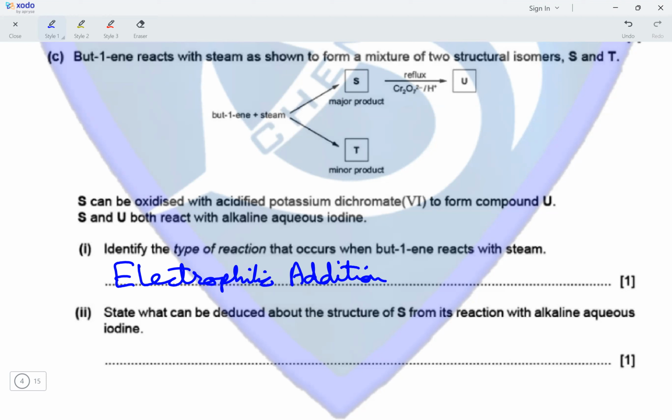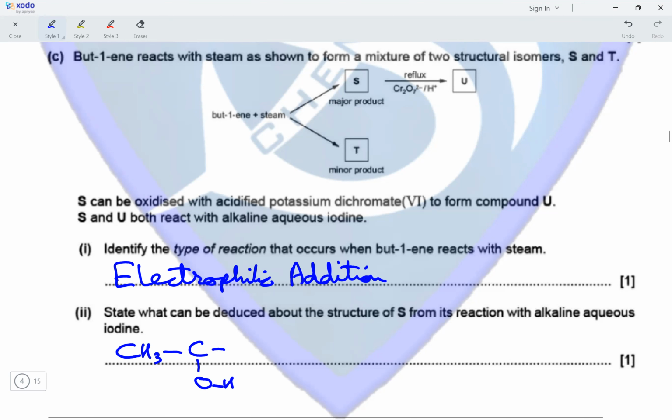State what can be deduced about the structure of S from its reaction with alkaline aqueous iodine. So it has got a CH3 group next to a carbon with an oxygen or an OH group present on it.